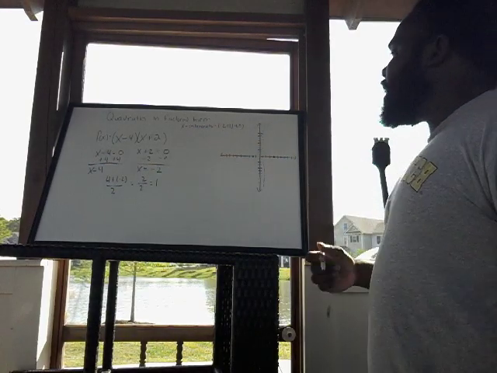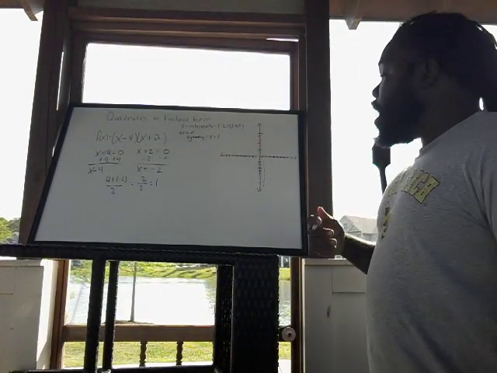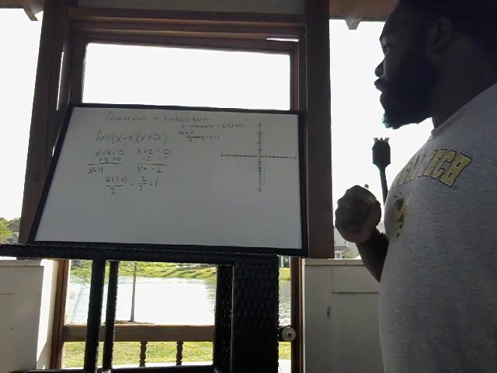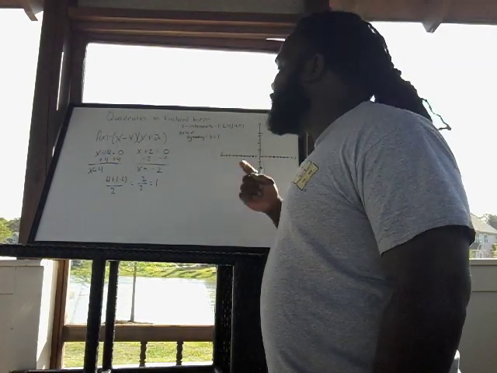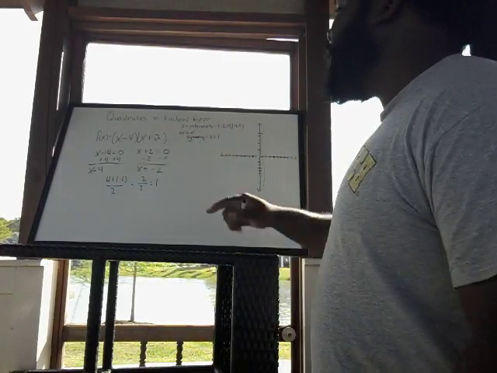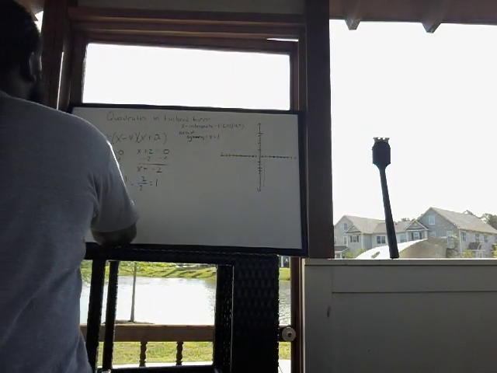Once we draw our axis of symmetry, we can find our vertex. How do we find our vertex? We take our axis of symmetry value, x equals +1, and plug it into our quadratic.